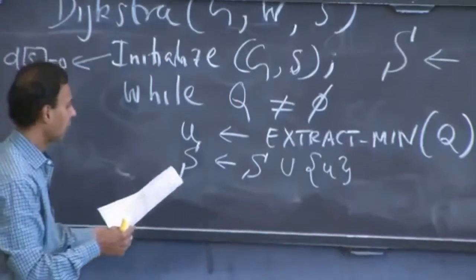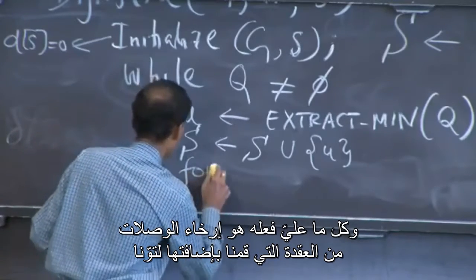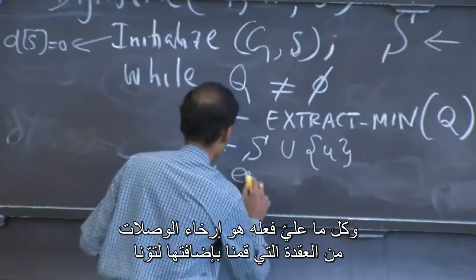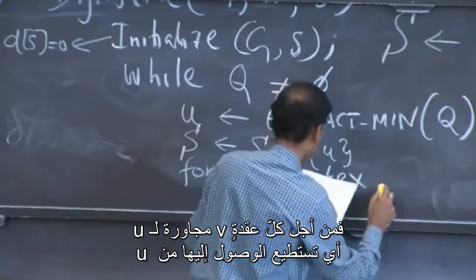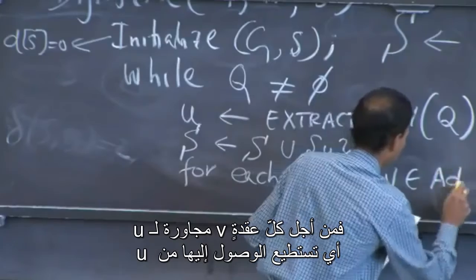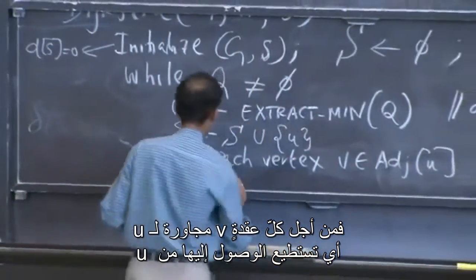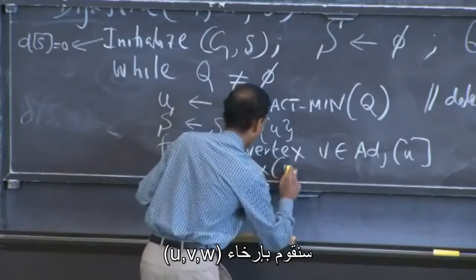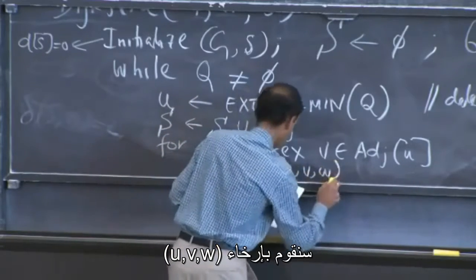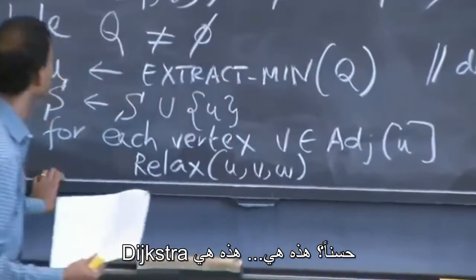And then all we have to do is relax the edges from the vertex that we just added. So for each vertex v belonging to adjacent u, so that you can reach from u, we relax (u, v, w). All right, that's it. That's Dijkstra.